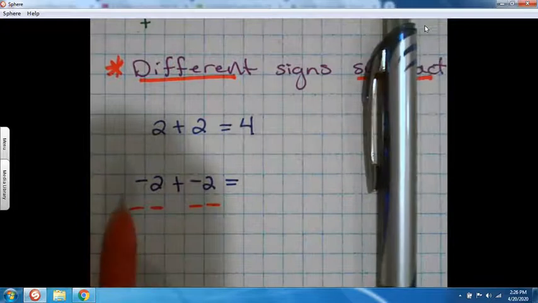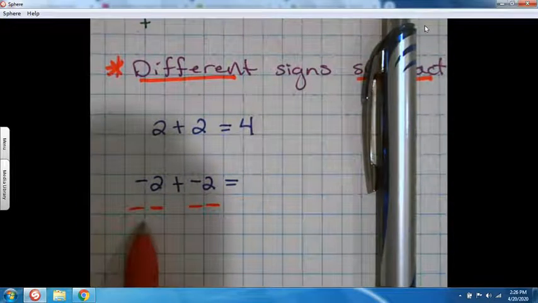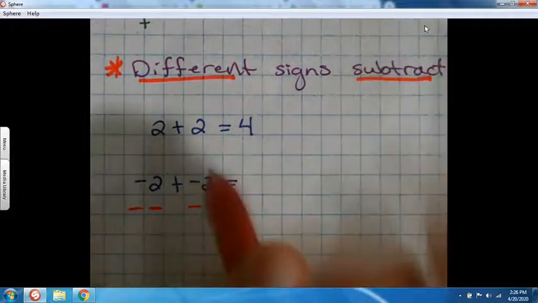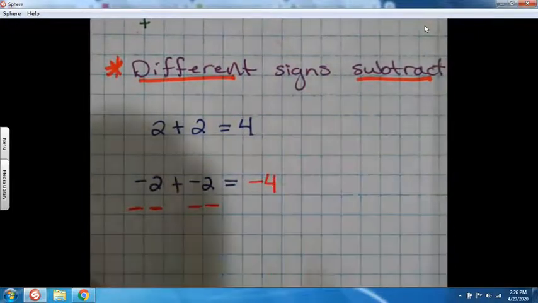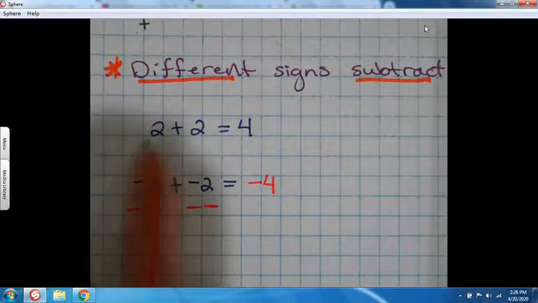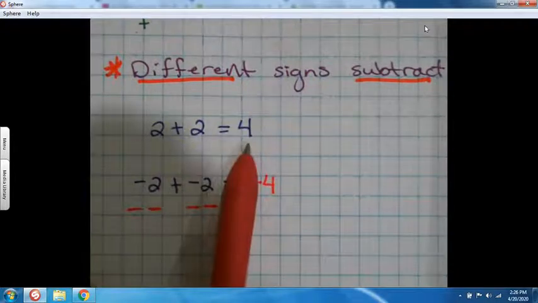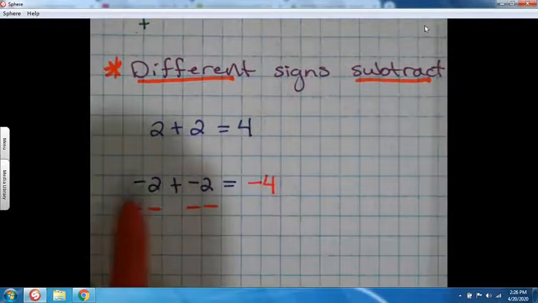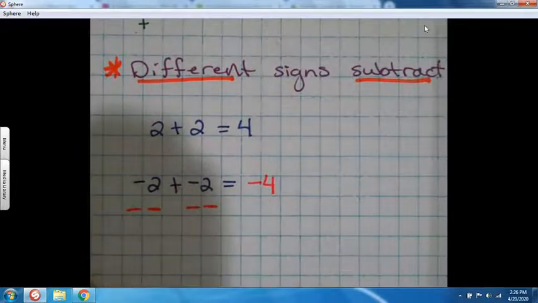I don't have any matching, so I just add them together. 1, 2, 3, 4. Negative 4. Notice how they're similar and notice how they're different. These are both positive, so we add, and your answer is positive. These are both negative, so we add, and your answer becomes negative.